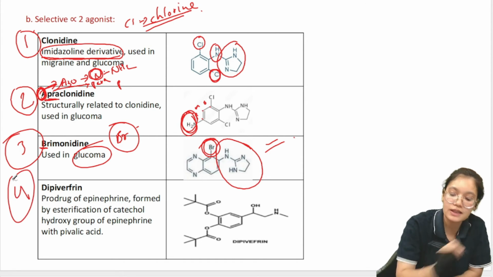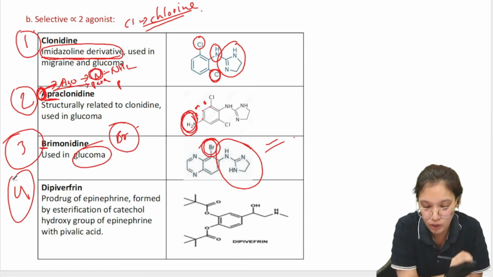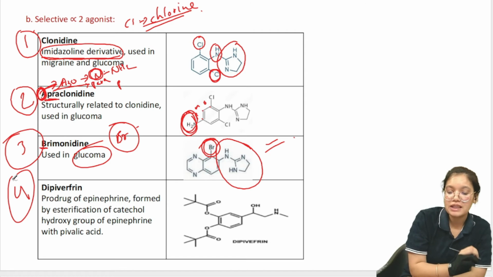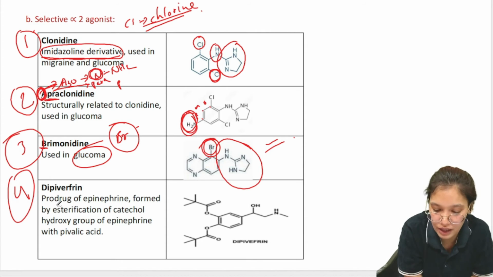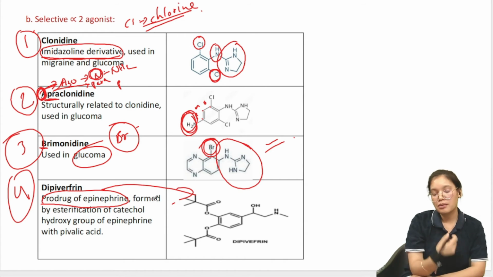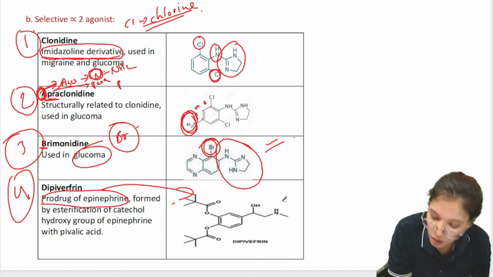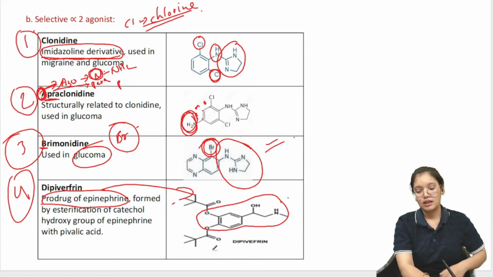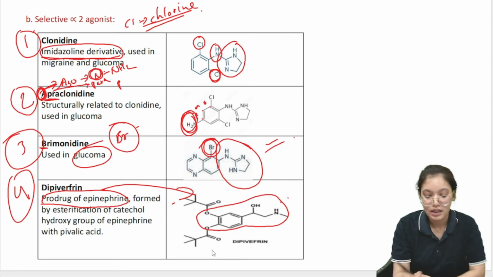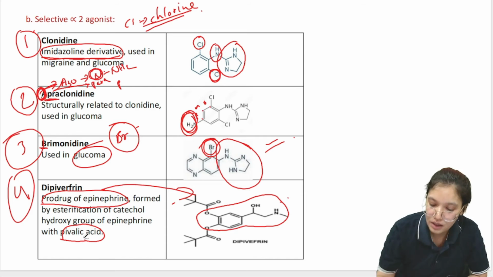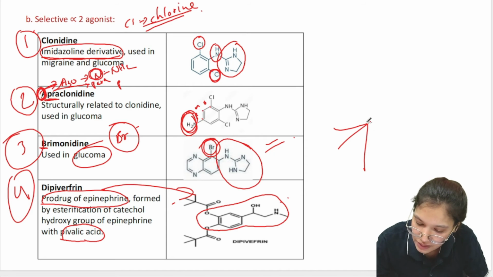Now fourth is dipivefrin. Okay. It is basically a prodrug of epinephrine. As it is a prodrug of epinephrine, its structure will be almost similar to epinephrine. Just it is esterified with pivalic acid. So what is pivalic acid? Now this, CH3 with double bond OH.